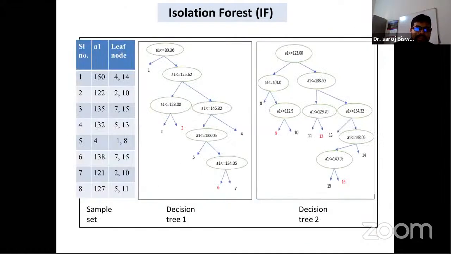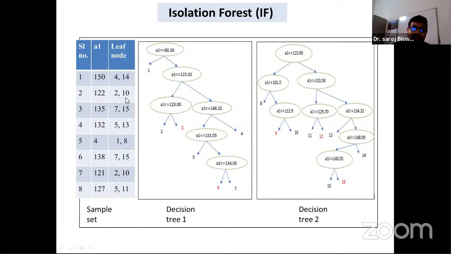Here we have a single dimension, and no label is there, because we already said this is an unsupervised learning technique. So randomly we created one number between this and this, that is 80.36. Now the left-hand side means the lower values.